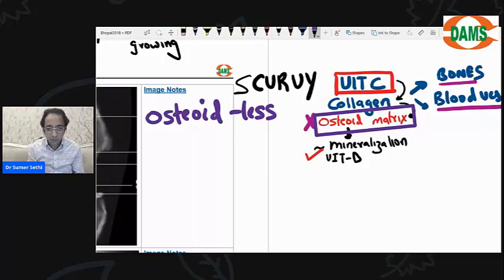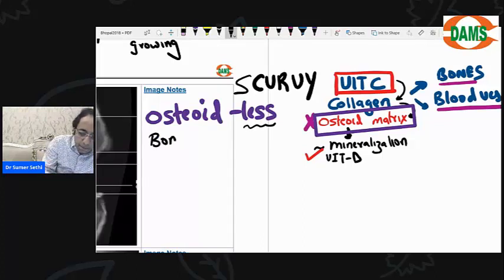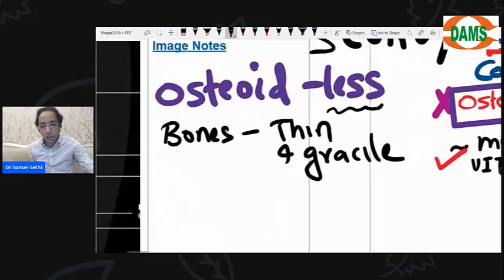Okay, everybody clear? Now tell me, if osteoid is less in scurvy, I'm sure many of you can answer, the bones will be thin and gracile. Do you understand?